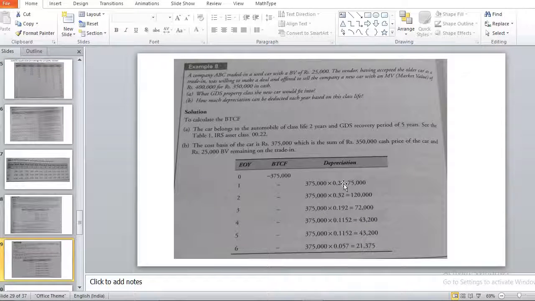These are considered here for calculation of depreciation.